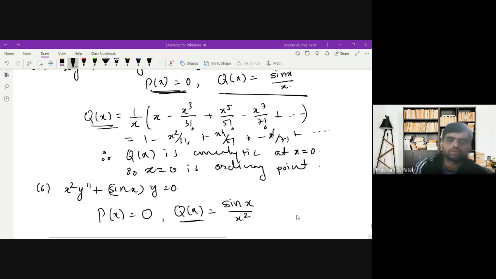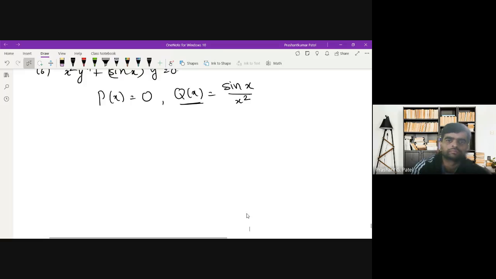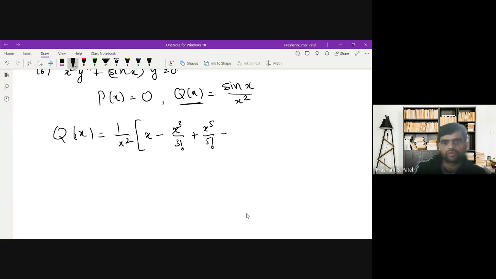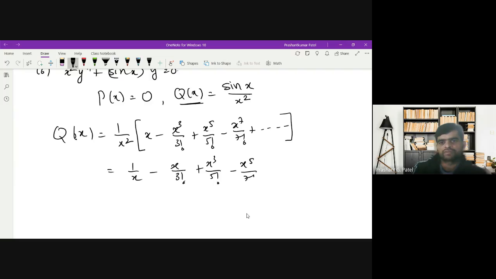You just observe that q of x you can write as 1 upon x square into sin x, that is x minus x cubed by 3 factorial plus x raised to 5 by 5 factorial minus x raised to 7 by 7 factorial, and so on. Now if I multiply x square inside, this will have 1 upon x minus x by 3 factorial plus x raised to 3 by 5 factorial minus x raised to 5 by 7 factorial, and so on.